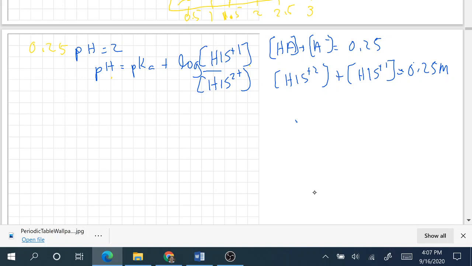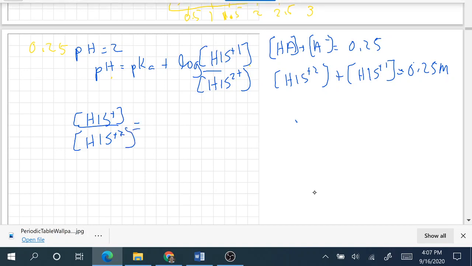Okay, so what can we do? Let's use our log information, and we can say then that His plus 1 over His plus 2 is equal to 10 to the pH minus pKa.